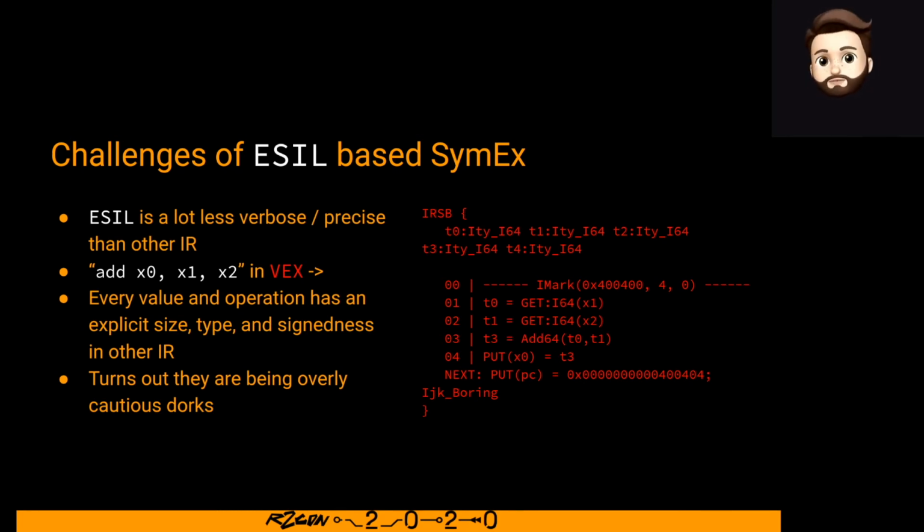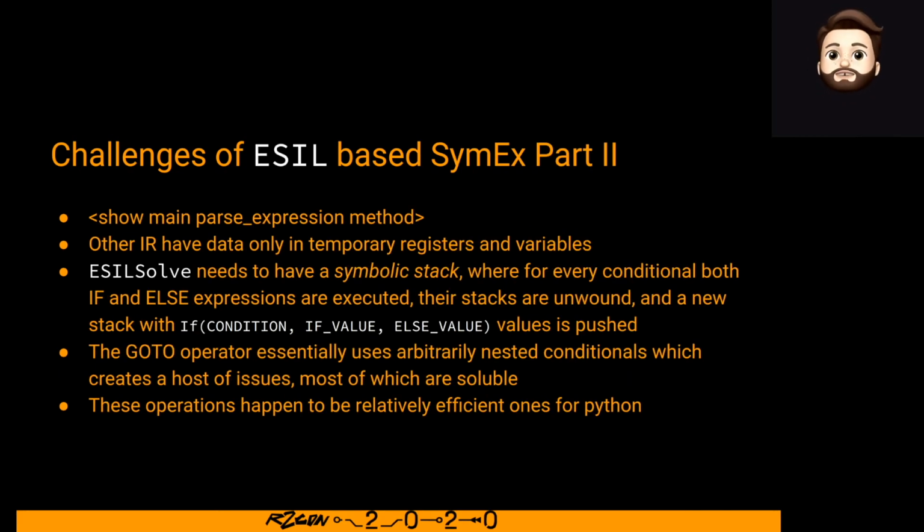In ESIL, instead of doing that, we push values to the stack. So you need to have this symbolic stack, which is a little bit more complicated than just having separate symbolic values in each of the temporary registers like VEX does.